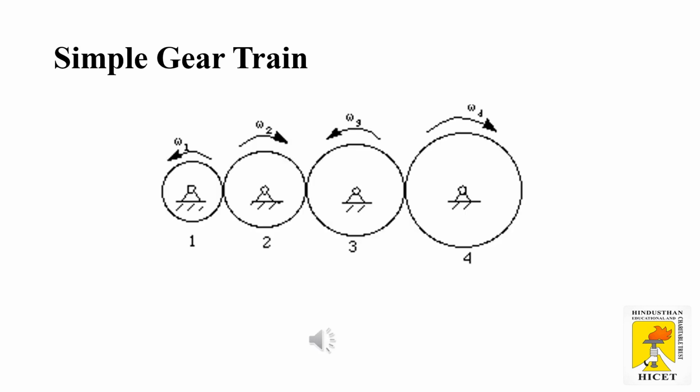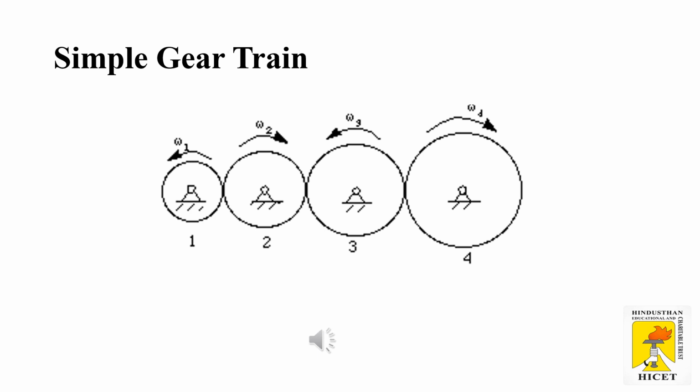This figure clearly shows that the first wheel rotates in the counterclockwise direction, the second mating gear in the same gear train rotates in a clockwise direction, the third gear rotates in the anti-clockwise direction, and the fourth gear rotates in the clockwise direction. So in the simple gear train, the pair of gears in mesh rotate opposite to each other. So this is called a simple gear train.